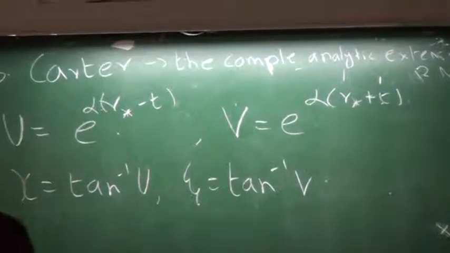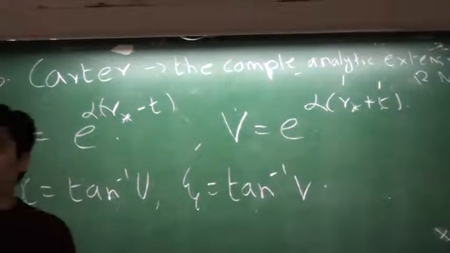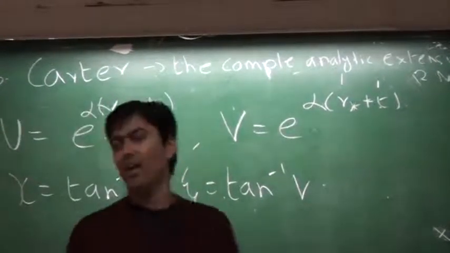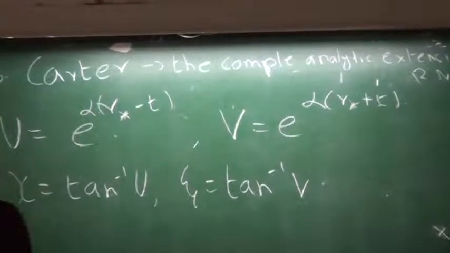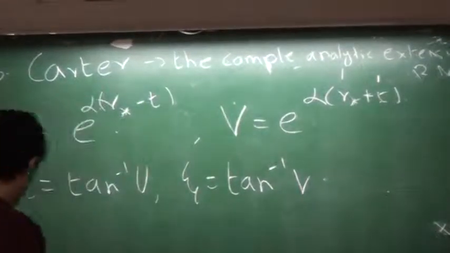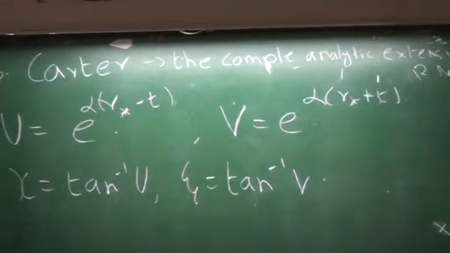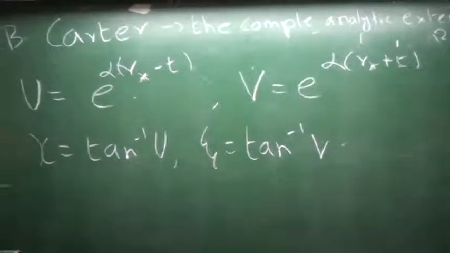In fact, these coordinates, as Carter shows, are enough to cover the whole Reissner-Nordström maximal extension. Provided you don't take them to range only from minus pi by 2 to pi by 2, but once you cross these boundaries, you're willing to go into other branches. Okay, so now what happens? First we have the region 1, which is the original Schwarzschild patch, and that region 1 is exactly the way it was.